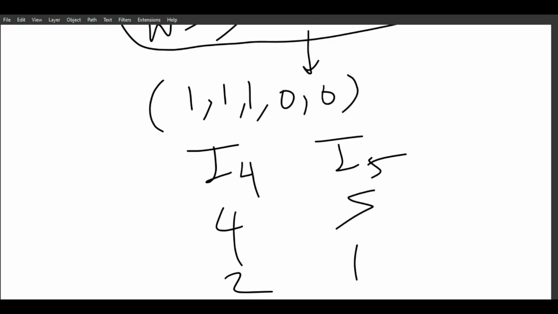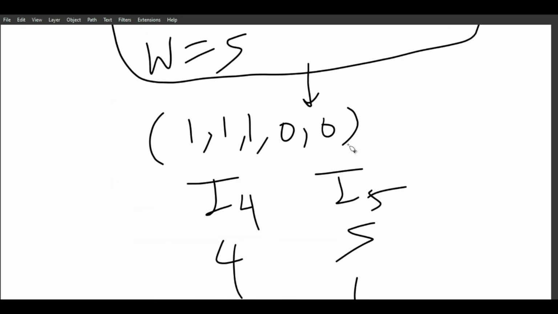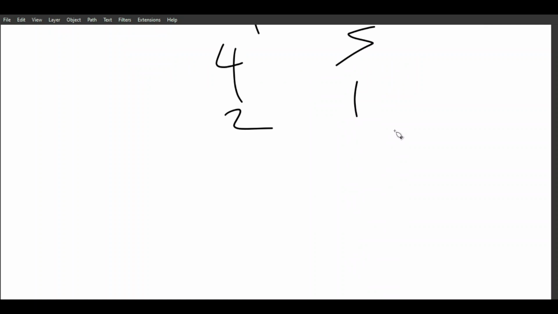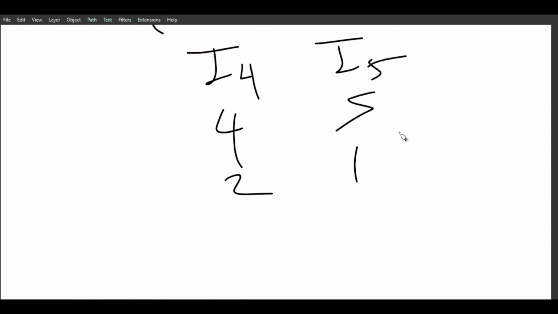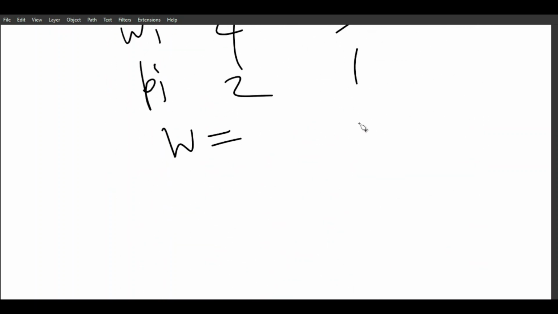Now knapsack capacity is 5 minus 3, so the remaining capacity is 2. So capital W is 5 minus 3 is 2.